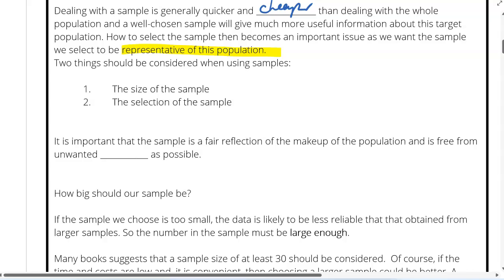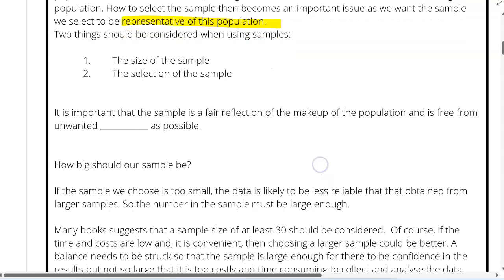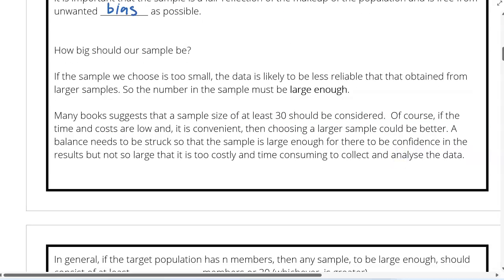Yesterday we talked more about the difference between a sample and a population and that target population. I used this term bias. We want to make sure the sample is as free from unwanted bias as possible. Yesterday I didn't talk about how big the sample should be, but I thought it relevant to what we're looking at today. The sample should be large enough to get an idea of what is going on or what people's opinions might be.